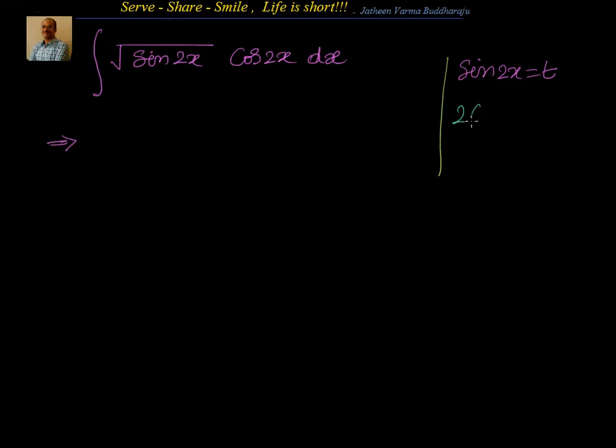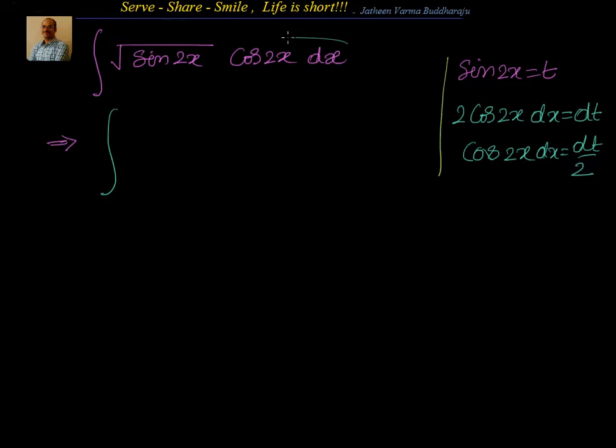That will give me 2 cos 2x dx is equal to dt. So I can write cos 2x dx equal to dt by 2.